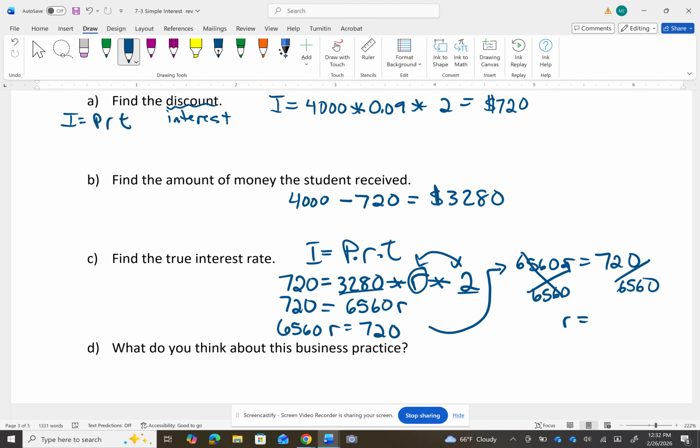What I wind up with, let me give you the decimal to start with, is 0.109756098. So let me think about that as a percent. That's going to move over 2 places. Let me double check something real quick.